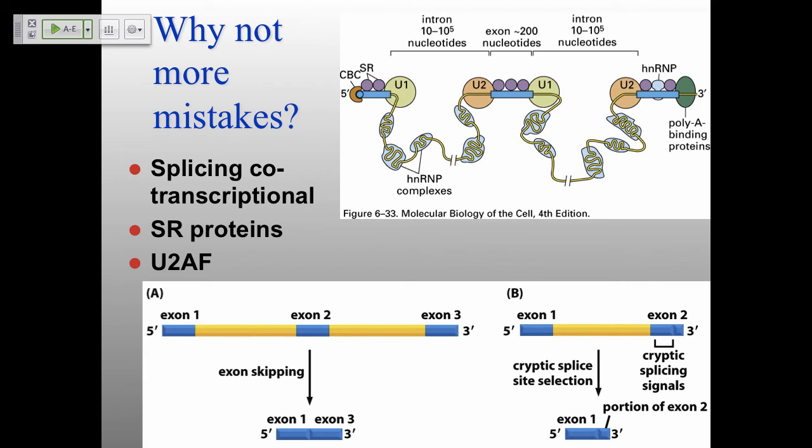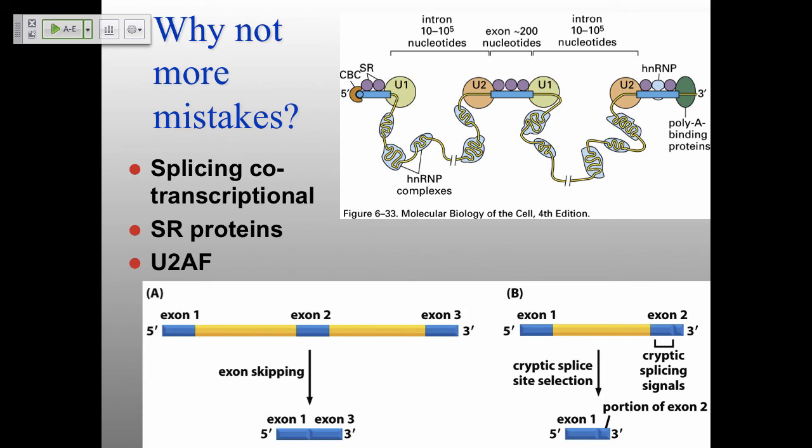As you continue through the first intron, now you'll have the branch binding protein and U2 associate with that. And so that first exon is going to get cut out before you've made all of the other exons, introns, etc. So you're going to be splicing while the RNA is being made.